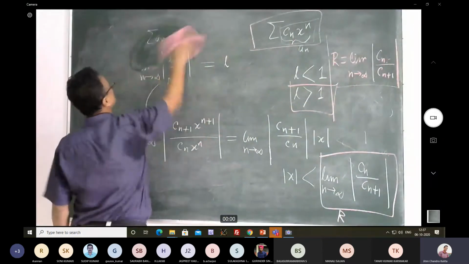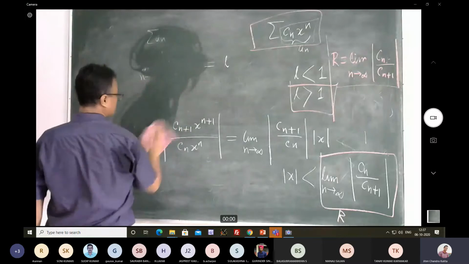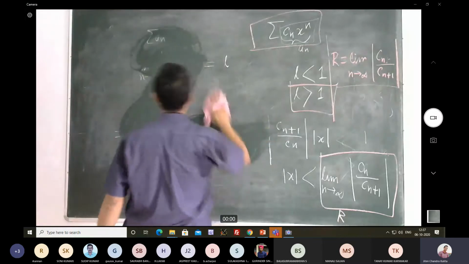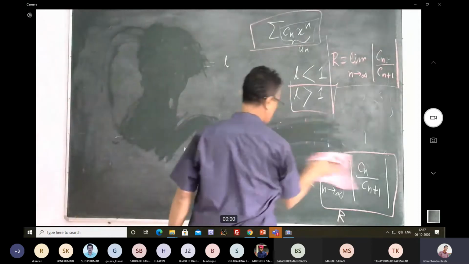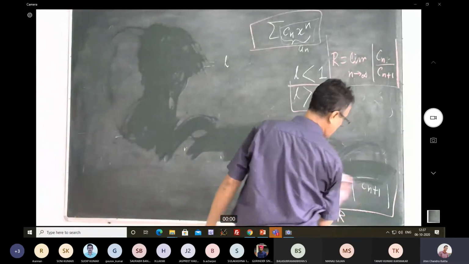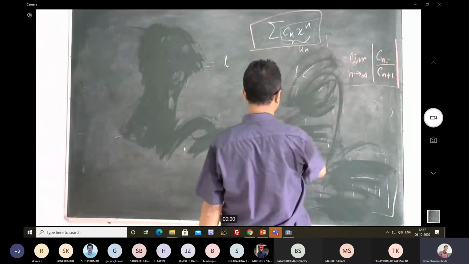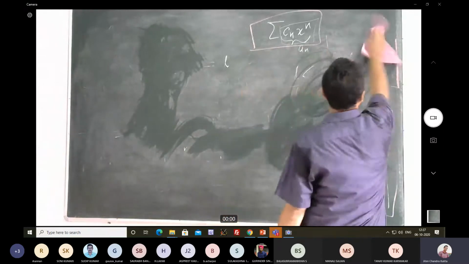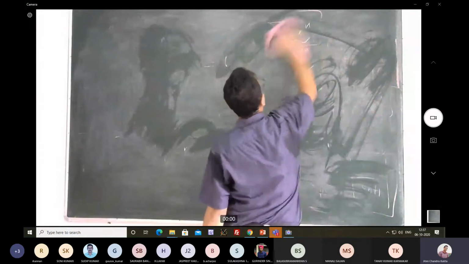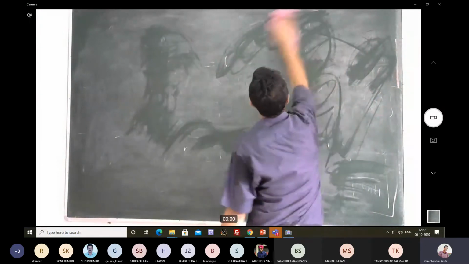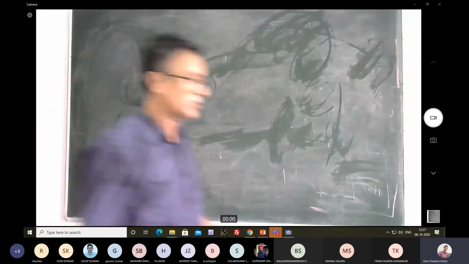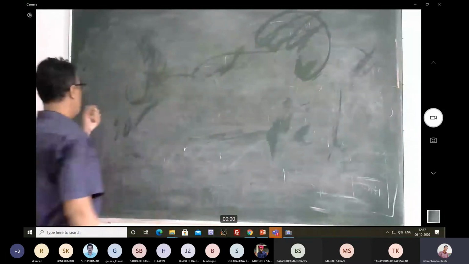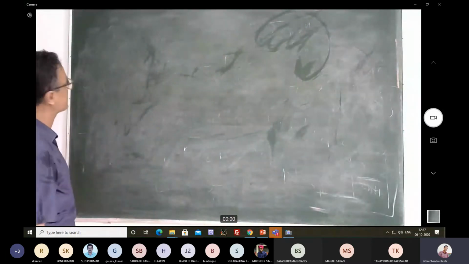Now the next thing I'm going to do is very, very significant. You may be thinking why this power series solution somehow works as the solution of some ordinary differential equation.